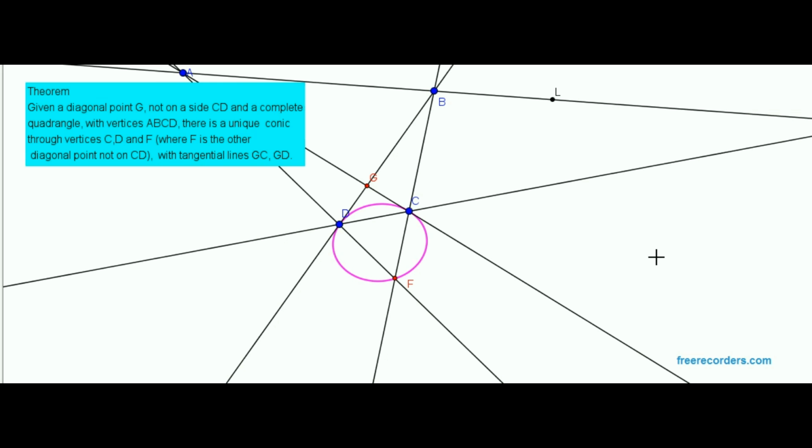So using that result I just claimed from Coxeter, picking our 3 points as C, D and F, we know there's a conic passing through those 3 points that has these lines GD and GC as its tangents. So that claims there is a conic like that.